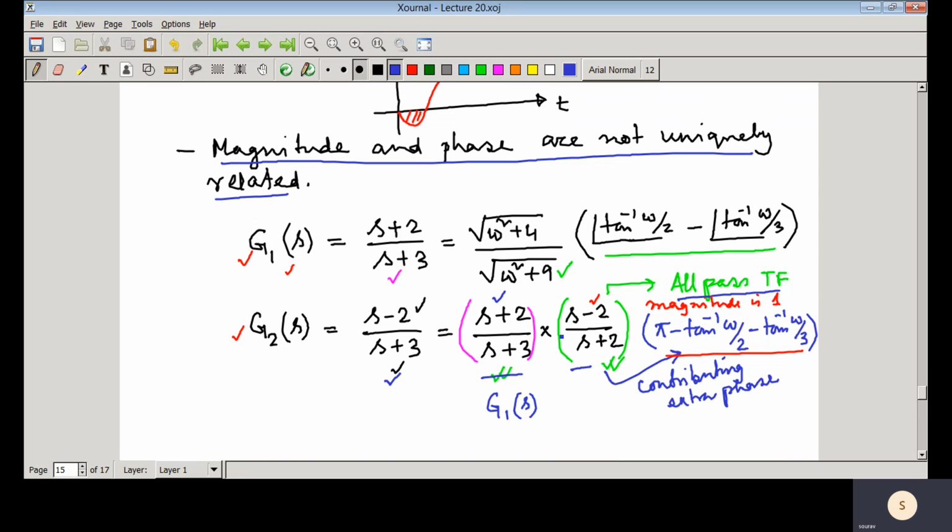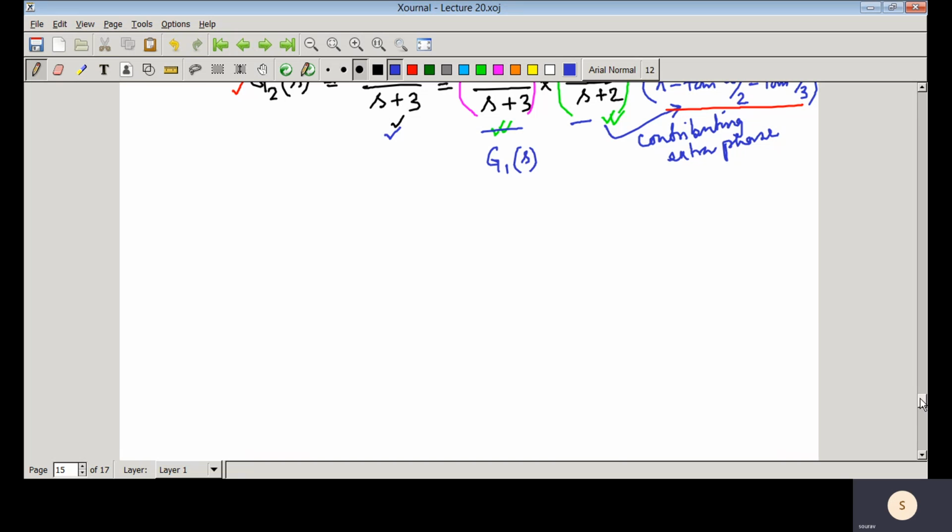In the case of a minimum phase system, gain and phase are uniquely related, but in a non-minimum phase system, they are not uniquely related.